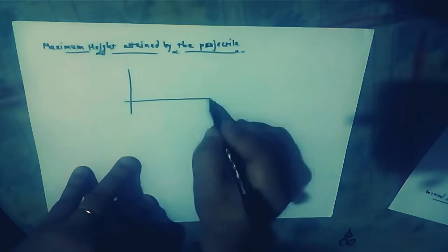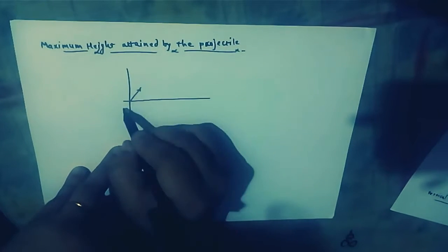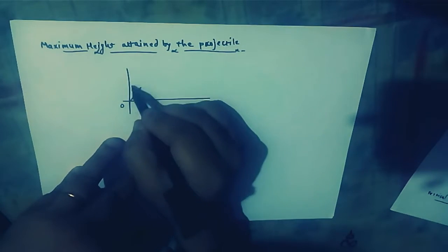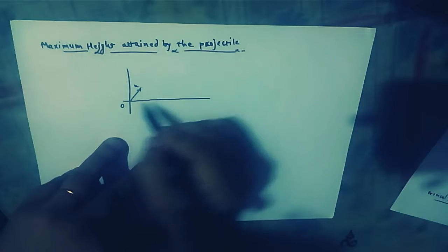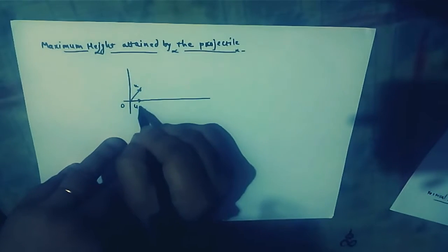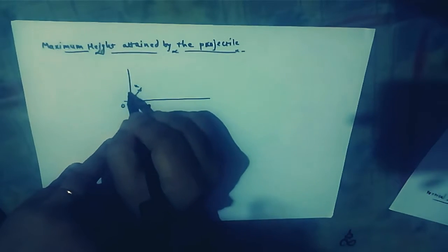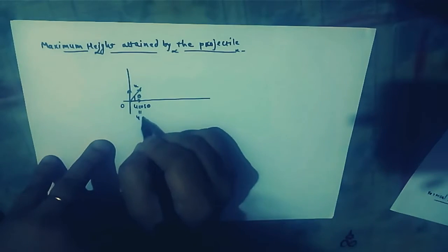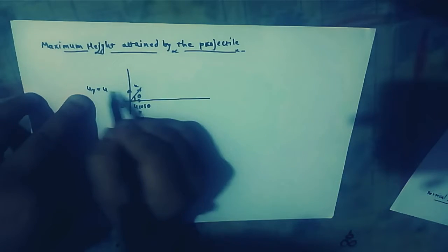Suppose this projectile is thrown from a point O with a velocity u. The horizontal velocity is u cos theta, that is ux, and uy is the vertical velocity, u sin theta.